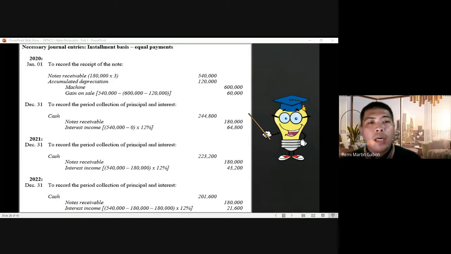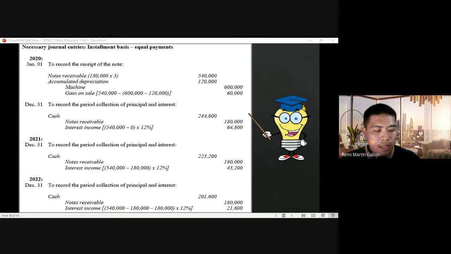Then, to record the periodic collection of principal and interest in 2021, still the same: debit cash, credit notes receivable, and credit interest income. But this time, the interest income will be computed on the unpaid balance after considering the first principal payment in 2020. Before we collect another 180,000, the unpaid balance is 360,000.